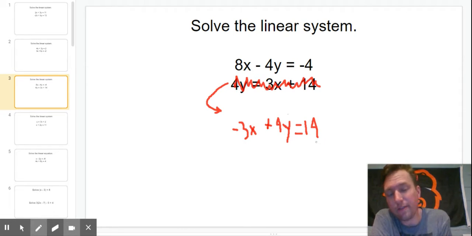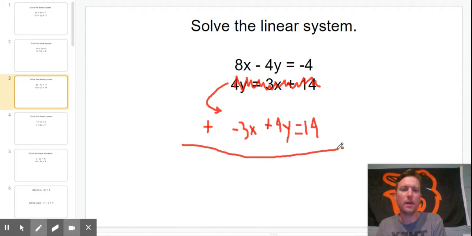Now, again, I've already kind of given you a clue. We're going to use the elimination method. But how could you eliminate one of those variables? If you said you could add, you would be right. So what I'm going to do is add these two, because negative 4y plus 4y cancel each other out.